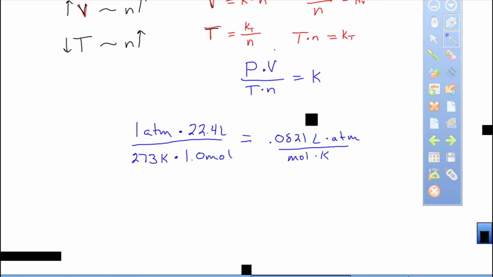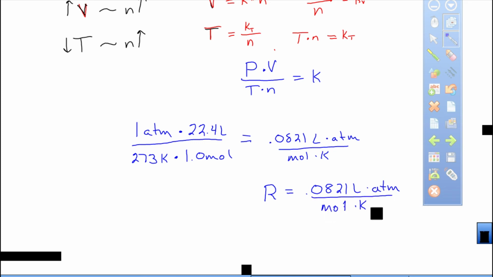And instead of using K, because we use K quite a bit, we came up with this thing called R. R is called the ideal gas constant, and the ideal gas constant is 0.0821 liters times atmospheres over moles Kelvin. So what that reads really is 0.0821 liters if you have 1 atmosphere, 1 mole, and 1 Kelvin.